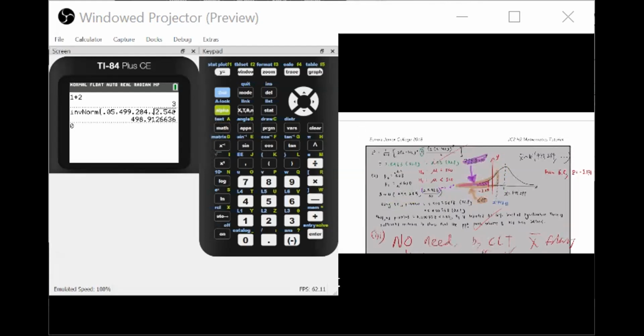After you mention X bar, you mention over here the test statistic. Z equals to X bar minus mu naught. In this case, mu naught is 500, divided by square root of the variance, sigma square over n. In this case, it's 2.5483 over 50.